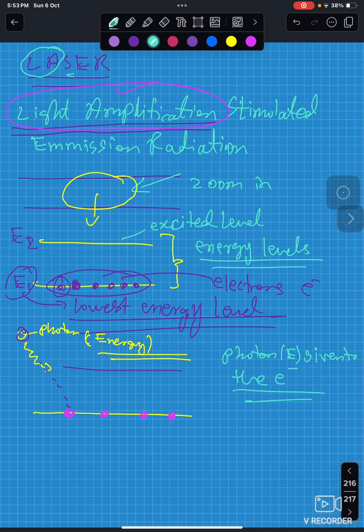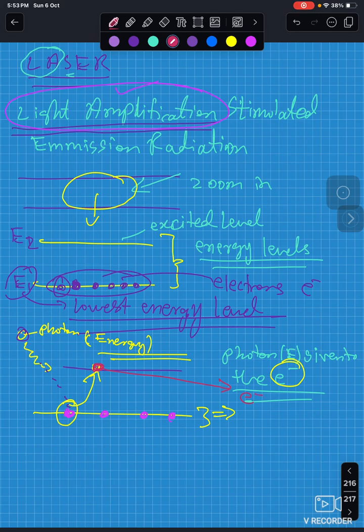Now the electron has energy. First it was in the lowest state, it had no energy. Now it has energy. It will gain energy and jump up to the next energy level.